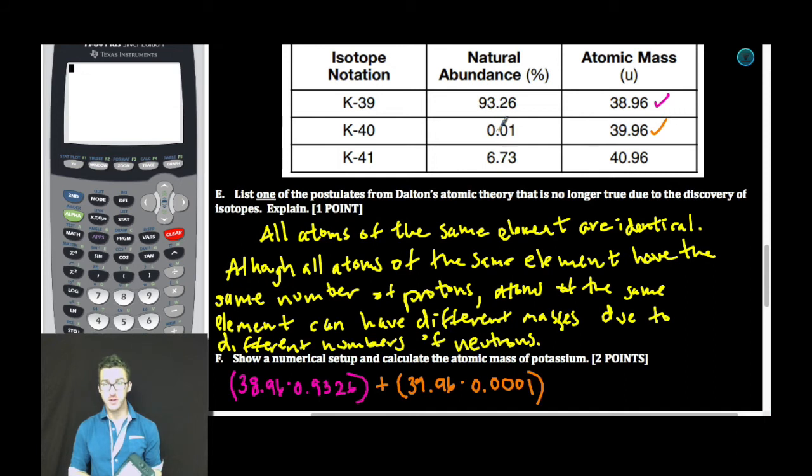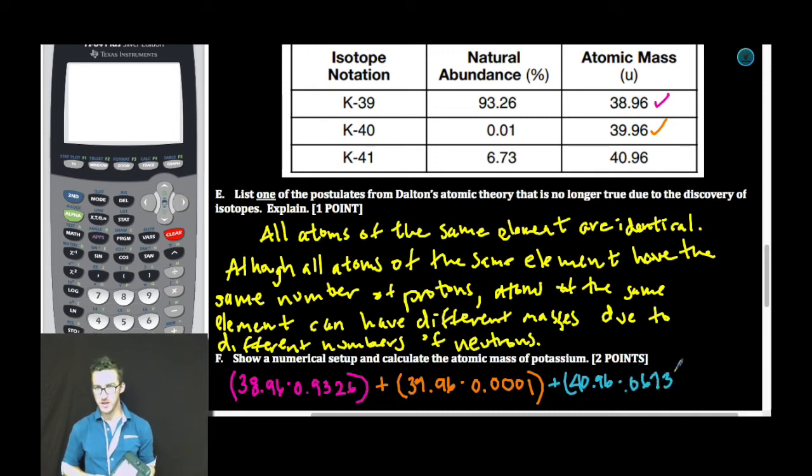Again, don't forget to move your decimal 2 places, which means sometimes you have to include some zeros there as placeholders. Plus mass of the third isotope, 40.96 times 0.0673, close parentheses.